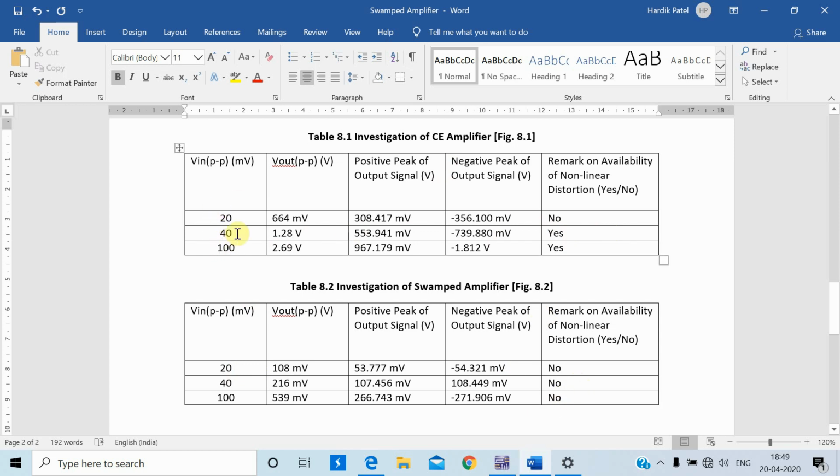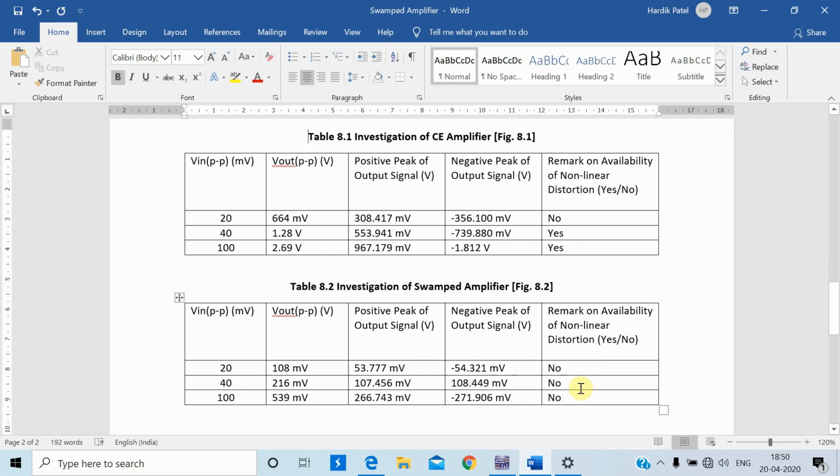Means for the 40 millivolt and 100 millivolt cases, there is nonlinear distortion in the output, meaning the output is not the same shape as the input. Input is a sine wave, but output is a somewhat distorted signal. While in the swamped amplifier case, for all these three sets of inputs, the output is almost a sine wave. That means there is no presence of nonlinear distortion.